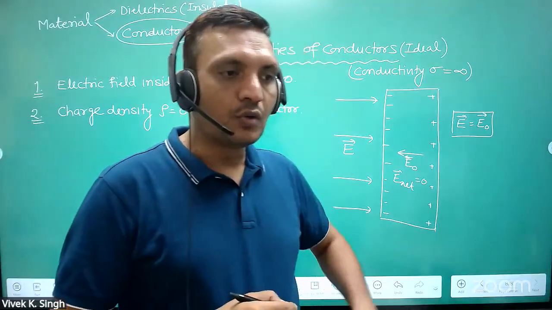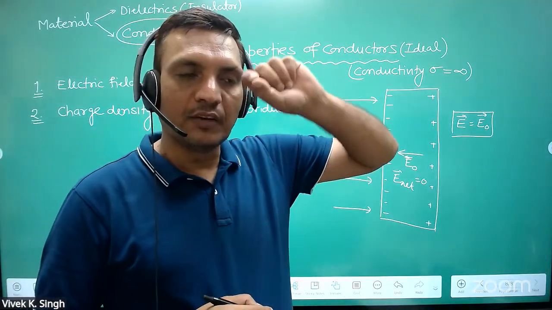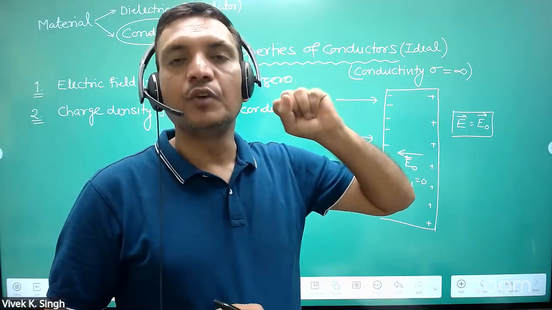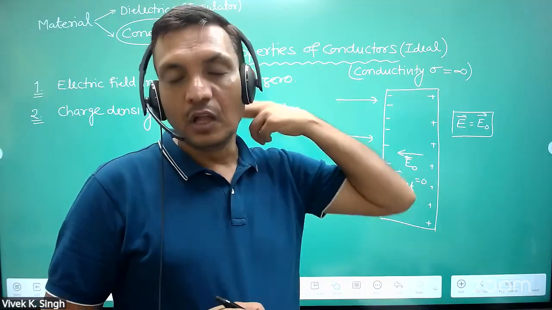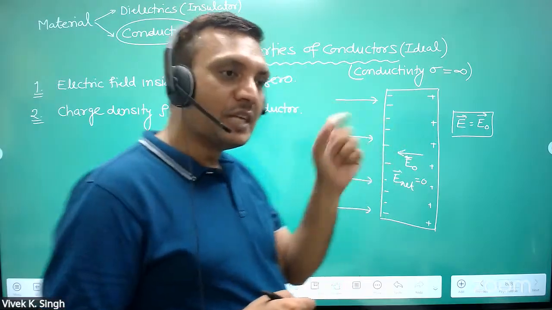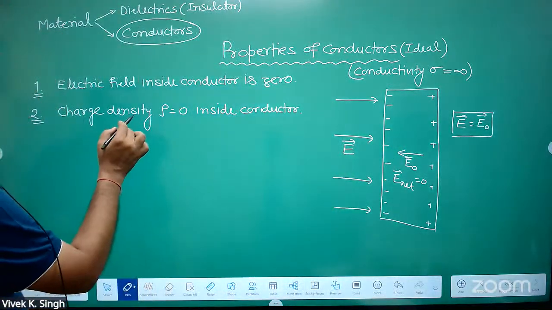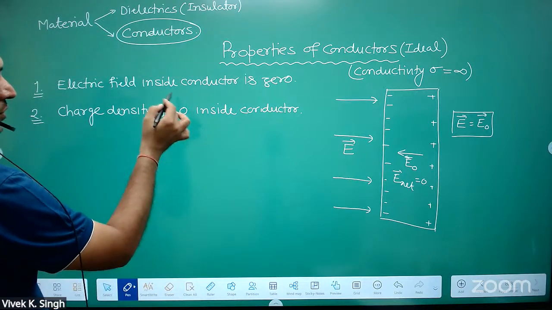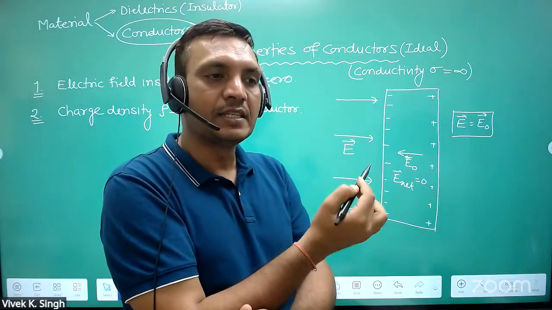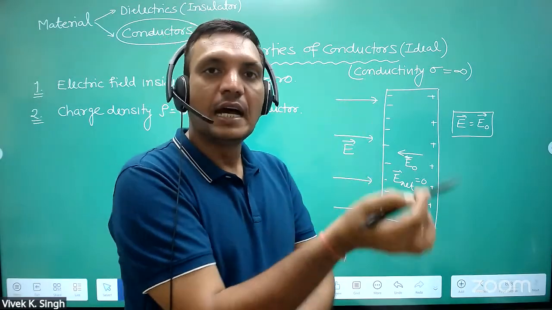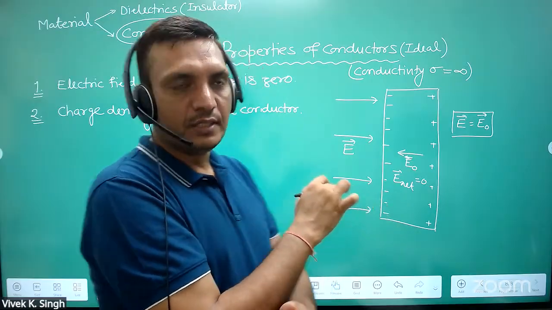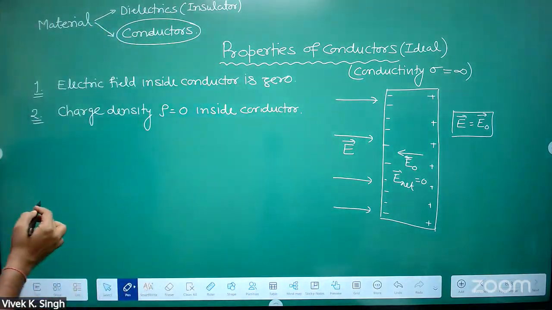According to Gauss law, if you draw any Gaussian surface, even an elemental volume, the charge per unit volume will be 0. Although there are equal numbers of positive and negative charges, the charge density will be 0.